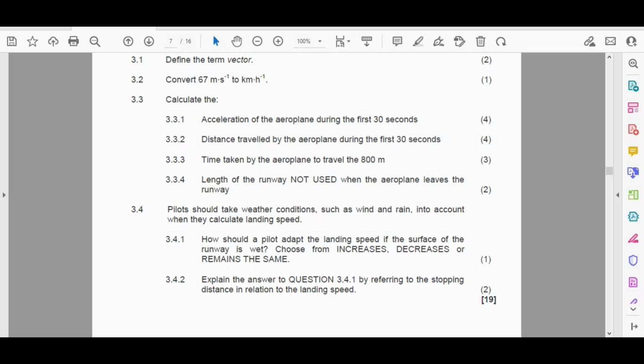I have no clue, but I'm going to guess. Decrease? I don't know. Okay, decreases. We have one decreases. Any other takers? Anybody that agrees? Anybody disagrees? I think I'm going to say decreases as well. Two decreases. No takers for increases or remains the same.